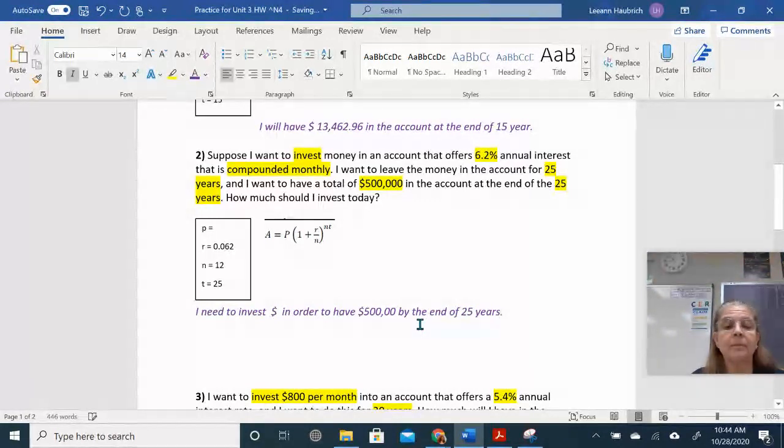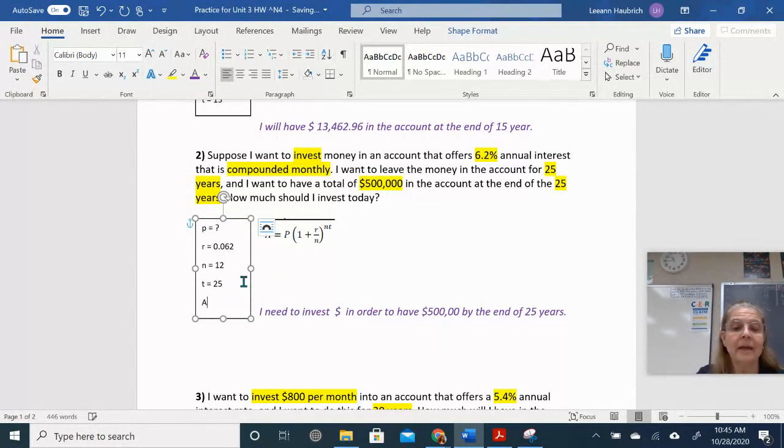So in the meantime, I do not know what the P is, but I do now know what the A is. My end goal, the amount I want at the end, is 500,000.